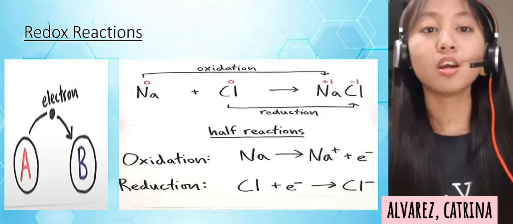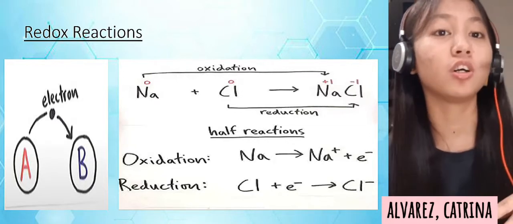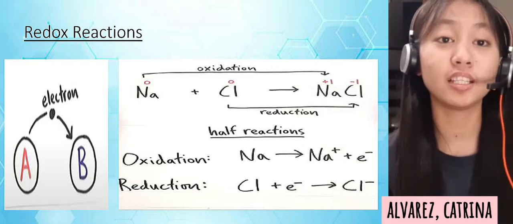Now let us know how oxidation and reduction work. But first, let us have a recall. Oxidation means losing an electron, while reduction means gaining an electron. As you can see in the first picture, A is giving its electron and B is obtaining the electron.